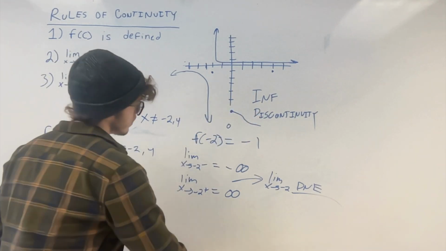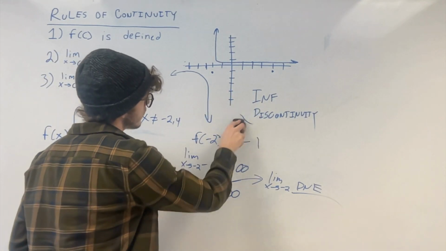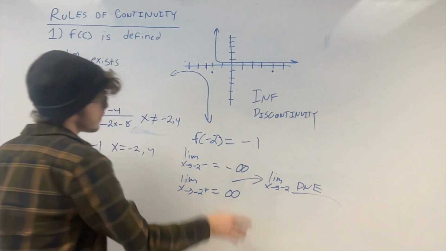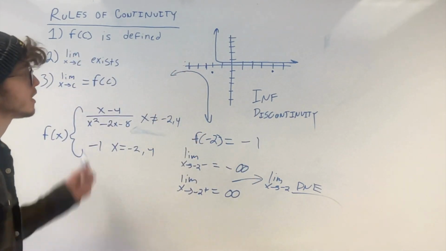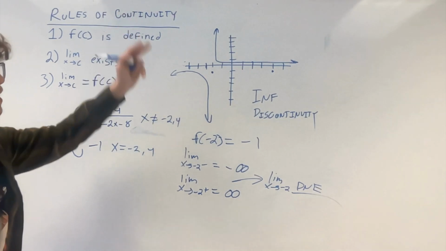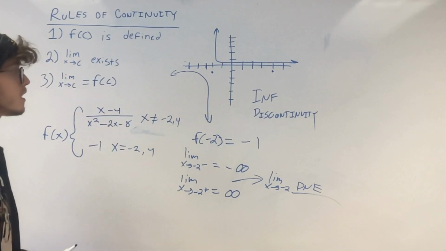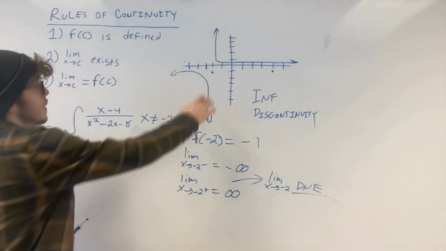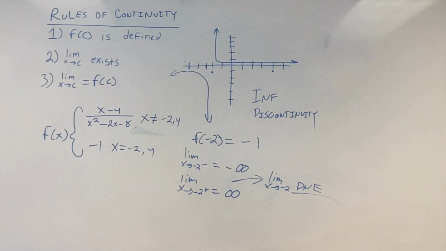That's jump discontinuity, but here, it is neither defined at either limit value. It just goes straight down, straight up, right? So it's infinitely discontinuous, but we are defined there at negative 1. So hopefully that makes sense. Those are the 3 rules and the 3 types of discontinuity.